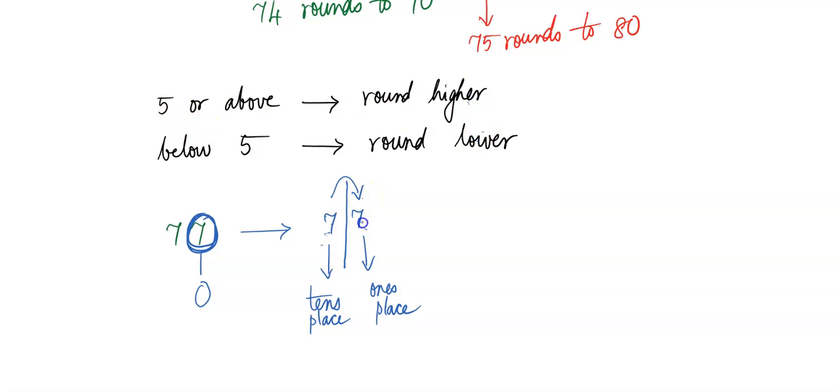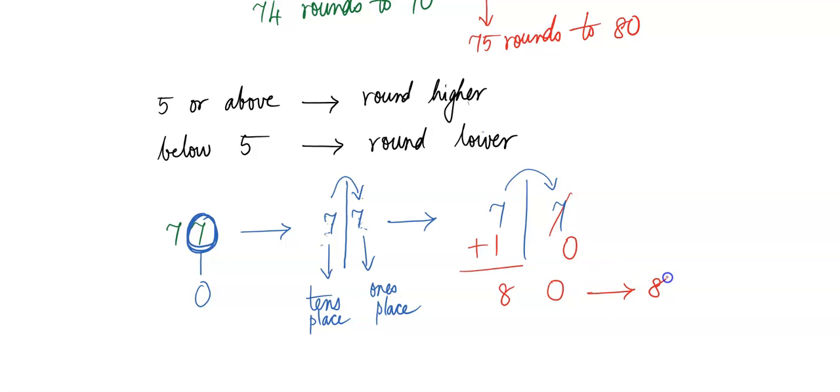If this number is 5 or above, then you will come back and add a 1 to this number and turn this into a 0. So 7 plus 1 is 8 and a 0, so it becomes 80. That's how you round higher. Round higher means add 1.